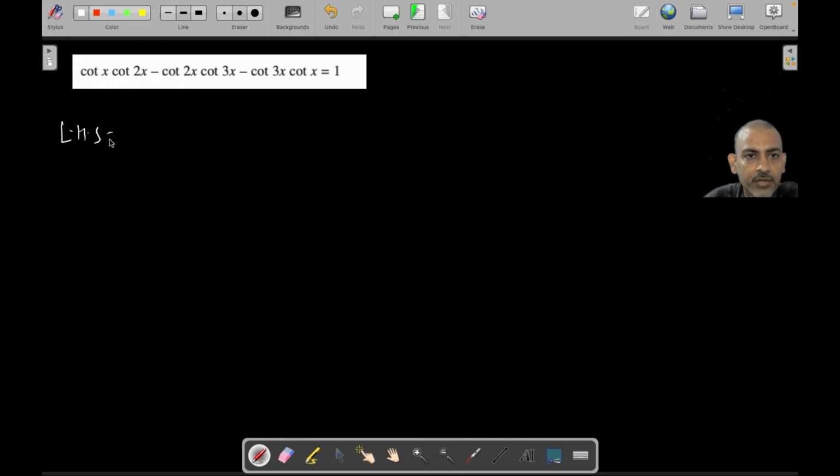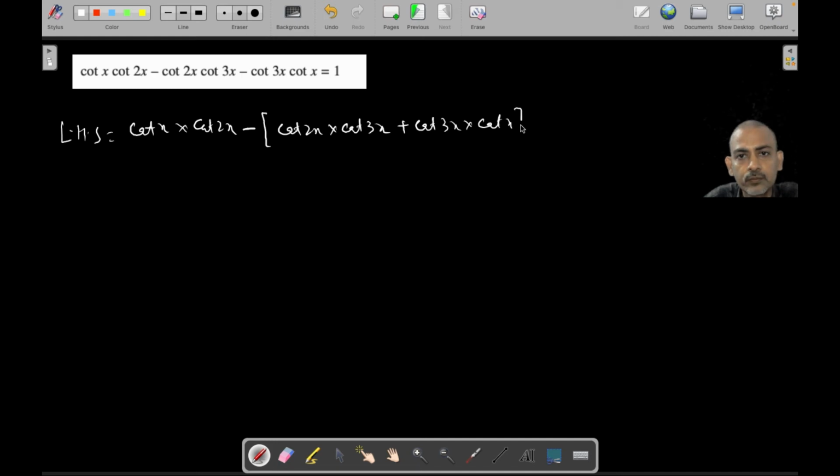And say LHS, and we'll have cot x into cot of 2x, and then I'll take minus common, then it will become cot of 2x into cot of 3x plus cot of 3x into cot of x. Alright. Now again we'll have cot x into cot of 2x, and can I write this as cos of 2x divided by sine of 2x, and I have cot of 3x twice, right?